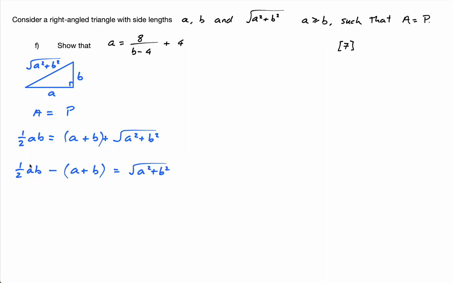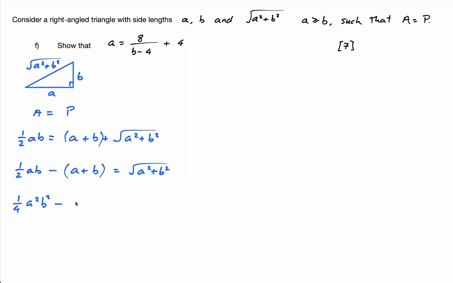And this is just like a binomial that I'm squaring. So it's this squared minus 2 times this plus this squared. Okay, so I have this squared is going to be a quarter A squared B squared minus 2 times this.